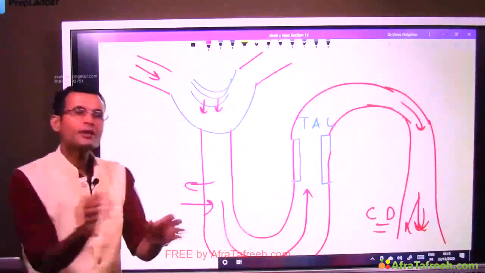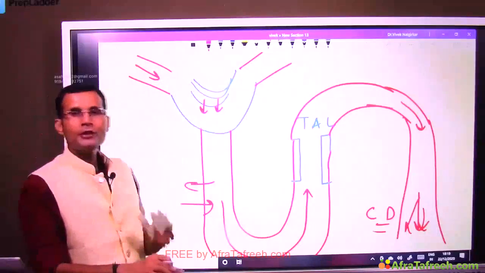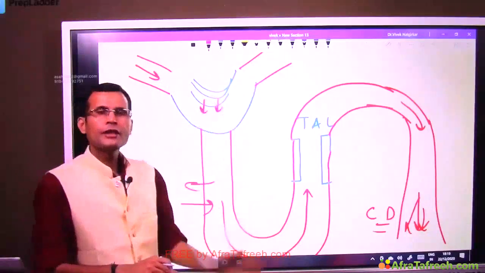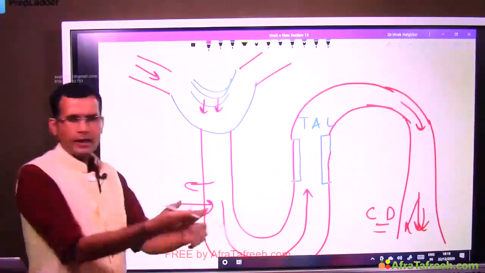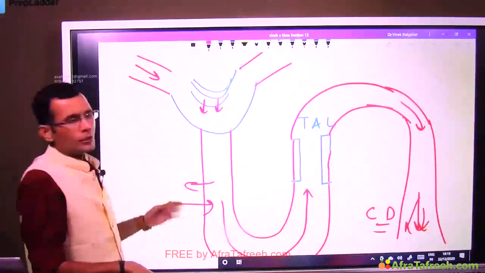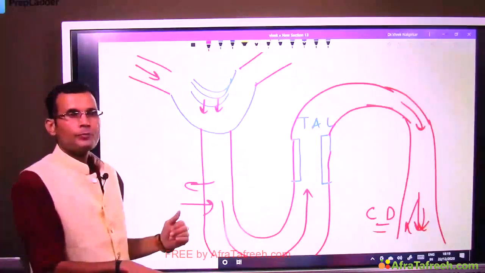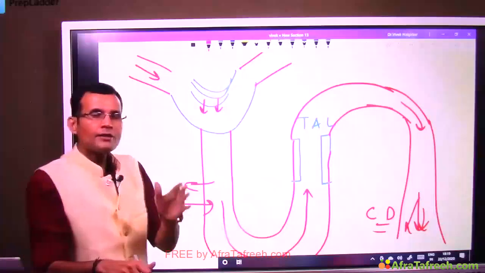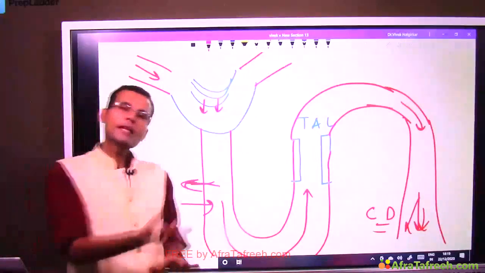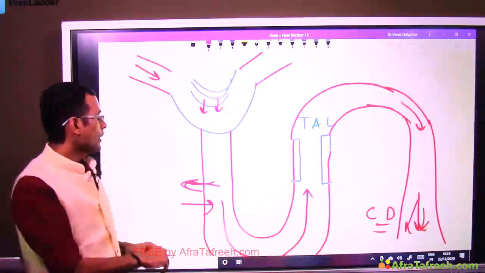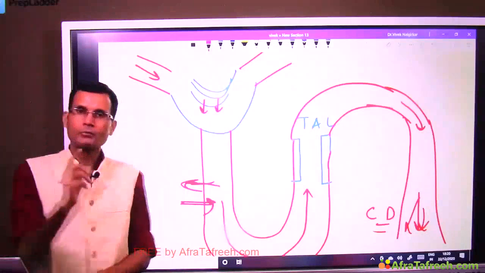Somewhat similar is happening here: in glomerular filtration, everything is filtered out except of course the proteins in the plasma and the cells. These two things are not filtered, but otherwise everything is filtered out, and then whatever is required by the body will be reabsorbed. It will be taken back into the blood. Whatever was not required will be secreted by the tubule.